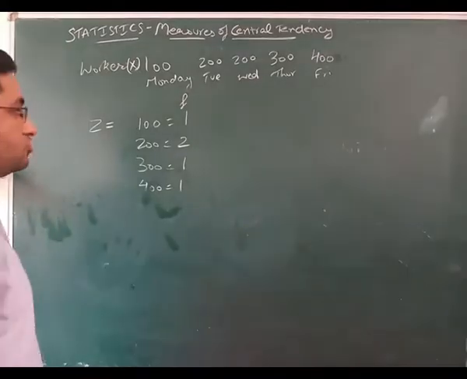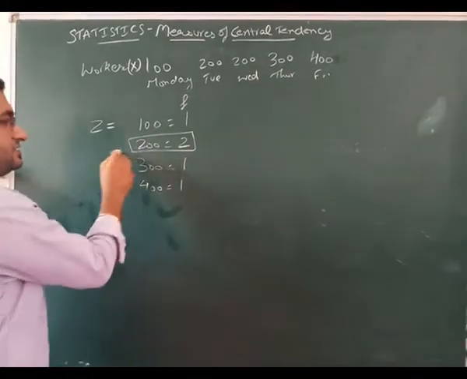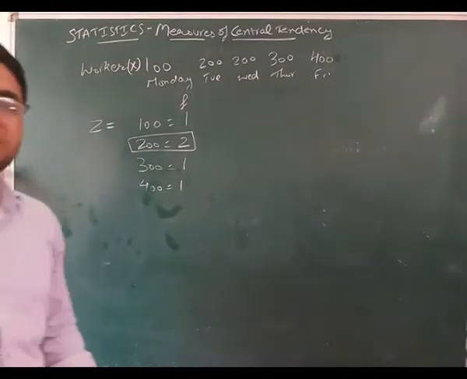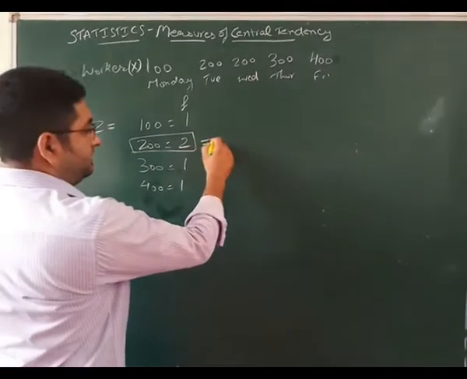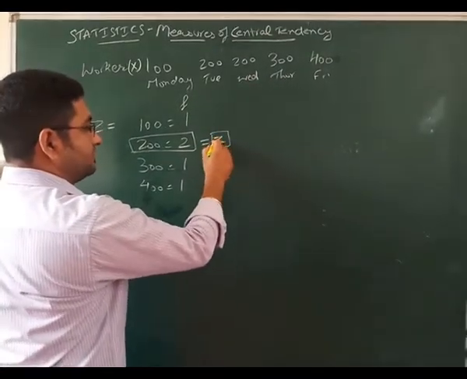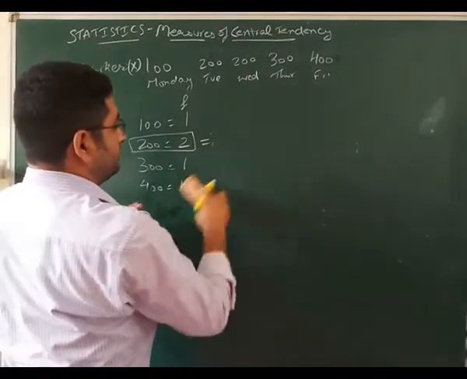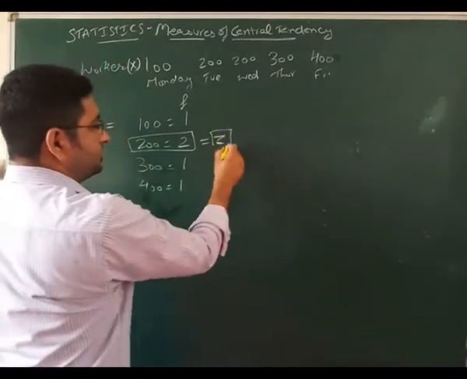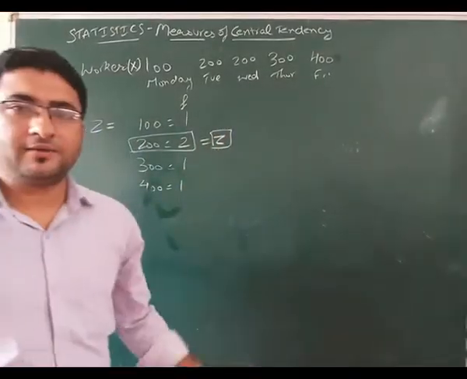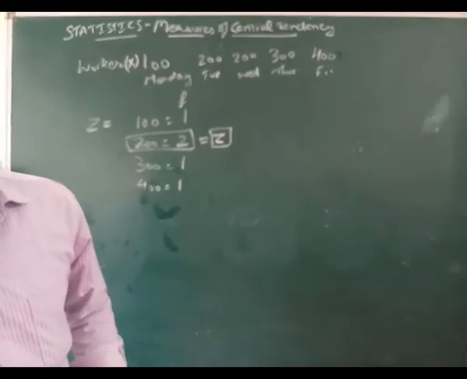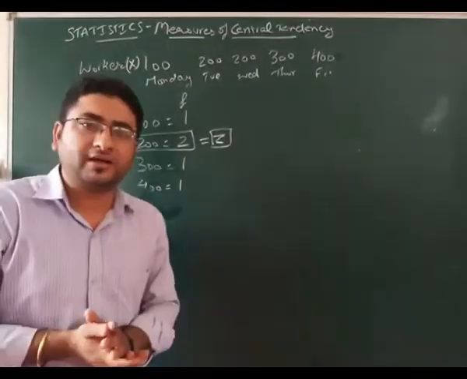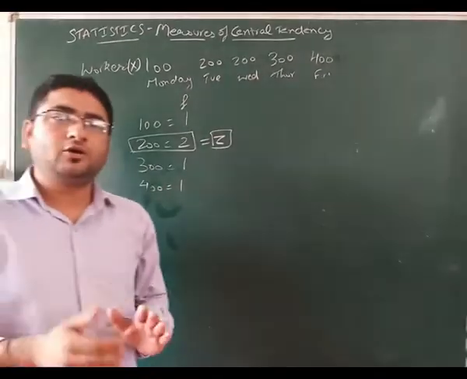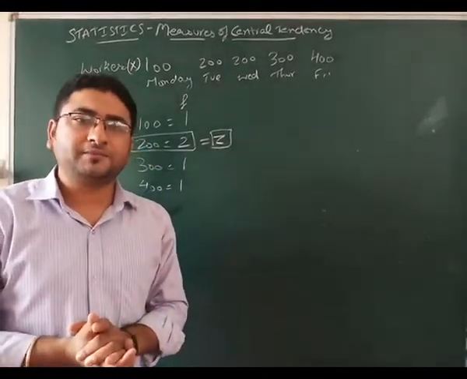So 200 is the amount he has earned the maximum number of times. So we would say that the mode of the series is 200. So at a very basic level of understanding, we have understood what mean, median and mode are, what an arithmetic average is and what a positional average is.